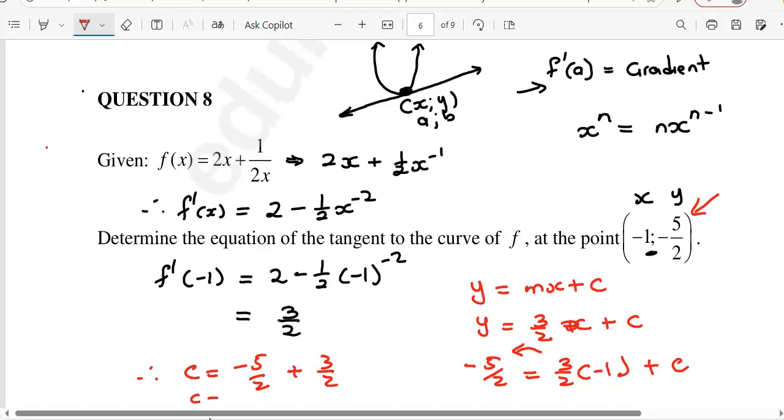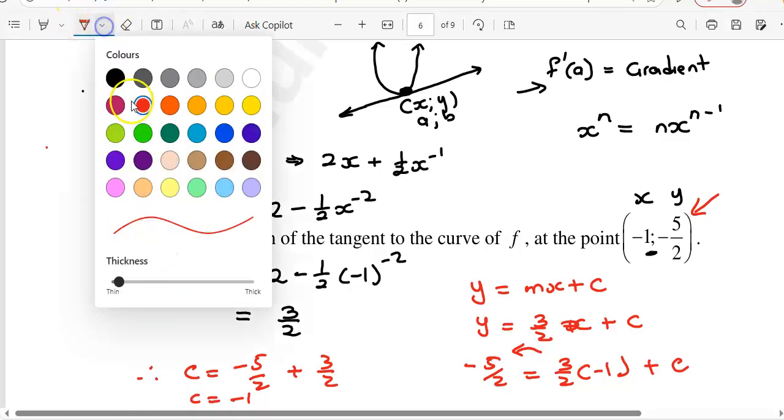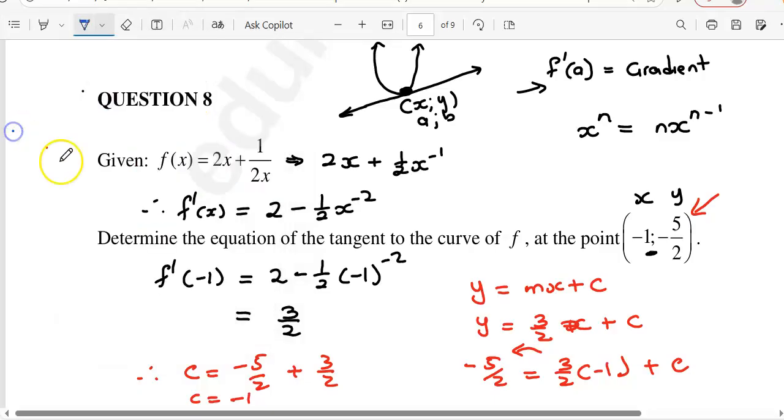Therefore, you'll find that the value of c is just minus 1. If the value of c is minus 1, this tells you that the final graph, I'm very sorry I don't have space, but the final graph is y equals 3 over 2 x minus 1.